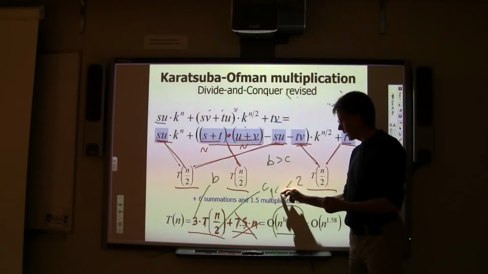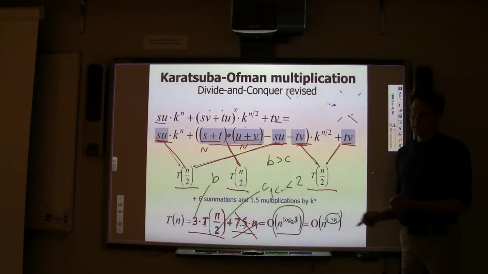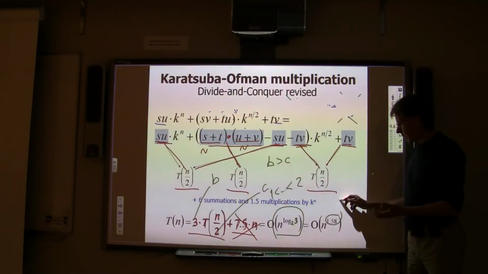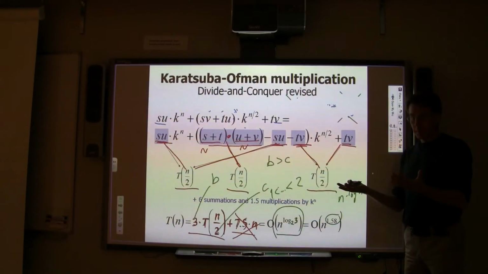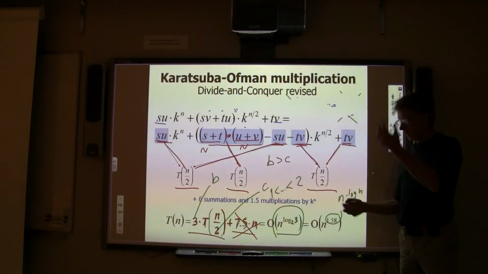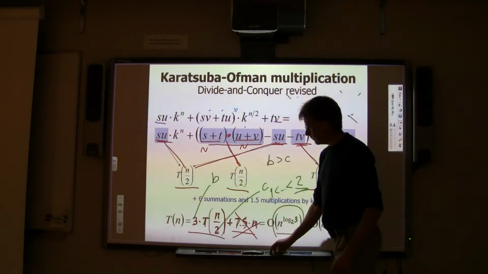It's greater than 1, somewhere in between, and the exact number is 1.58. It's not n log n. It's not as fast. With a certain number of n, it can be close, but when n grows, this will grow faster. But it's still significantly faster than n power 2.